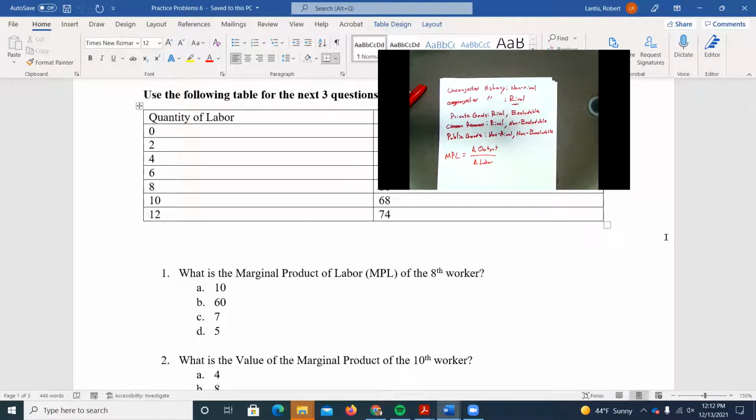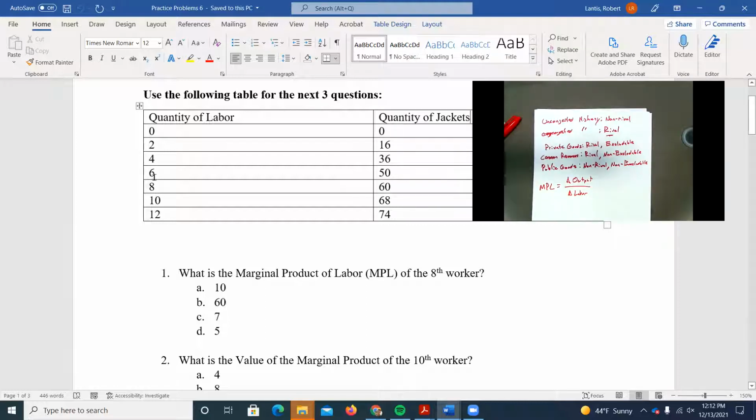So if I'm thinking about the 8th worker here, for whatever reason, when I'm hiring labor, I'm doing 2-unit jumps. Maybe this is some job that requires 2 individuals. So going from 6 to 8 workers, the marginal product of the 8th worker would be, how much did hiring those additional 2 workers change the output?